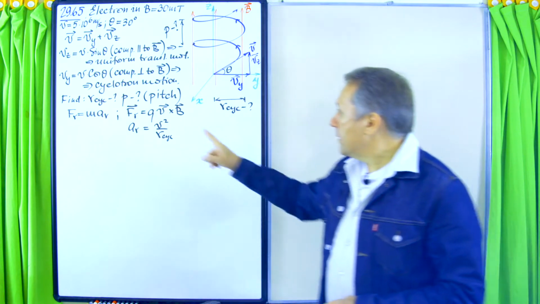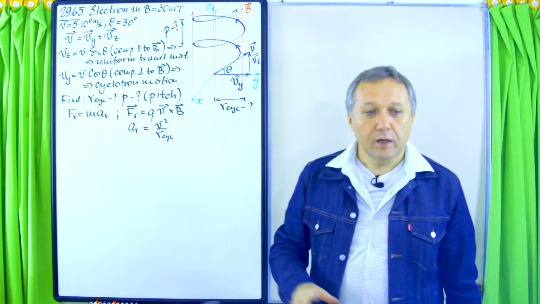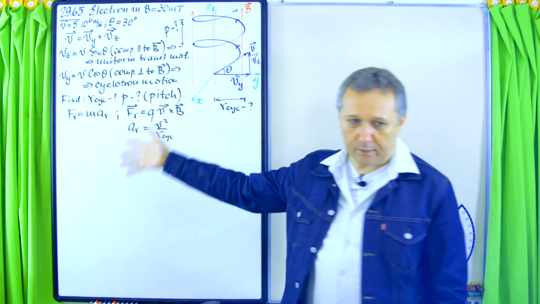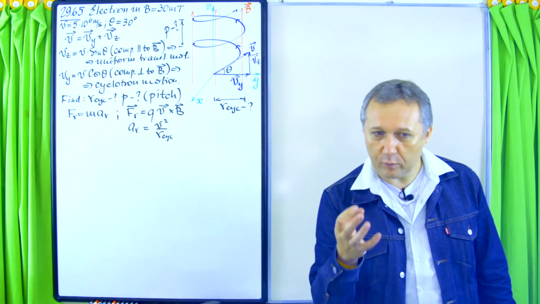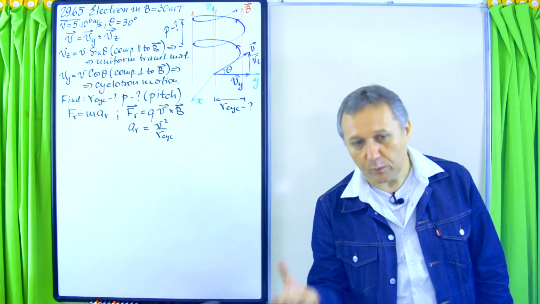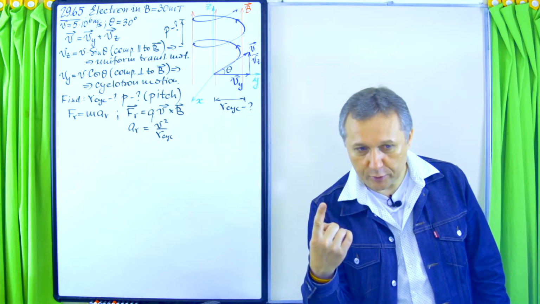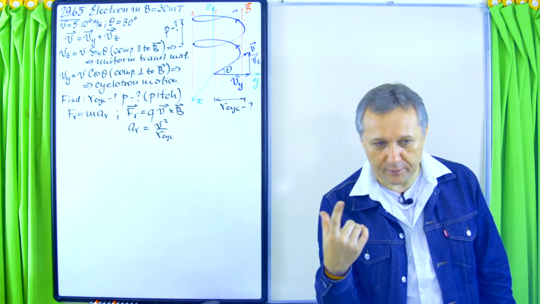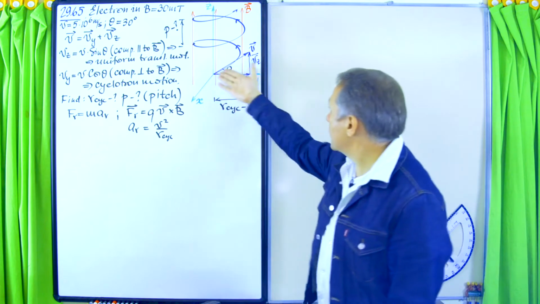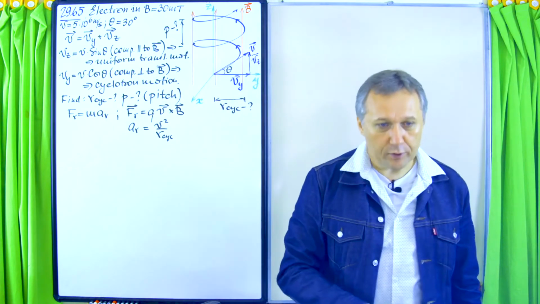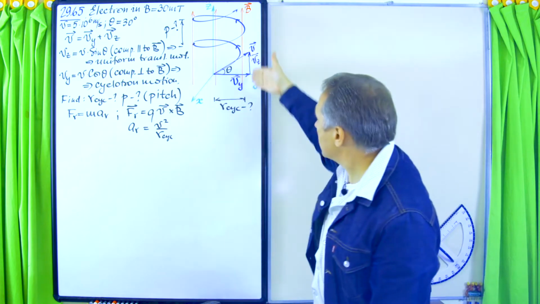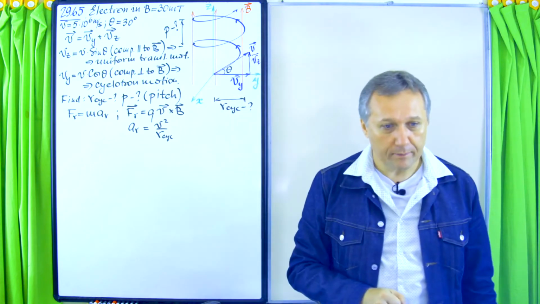same time. Look, guys, in these formulas, when we analyzed that and when we described cyclotron motion, every time our velocity was perpendicular to the magnetic field lines. Now velocity is v. This v is neither parallel nor perpendicular, and we decompose it to v sub z and v sub y.